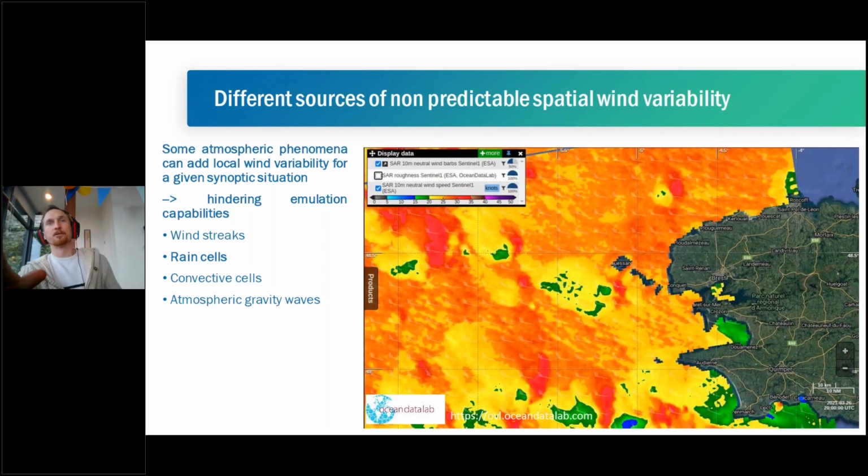So if I show you the wind map associated to this, you can see that you have some large variability between the green and the red on top of this overall orange wind situation. So these are creating many different variabilities that can hinder our capability to reproduce a repeatable wind situation between the model and the SAR.